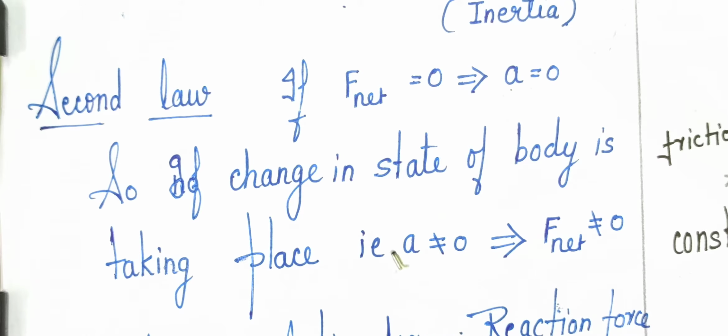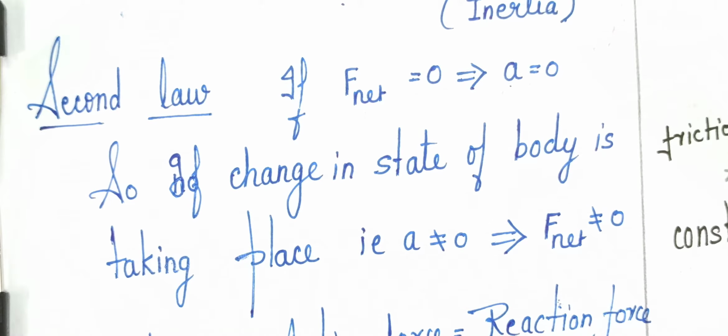But if acceleration is not 0, then no matter how many forces are acting, or even a single force is acting on the body, the net unbalanced force is there. So the story starts from here.